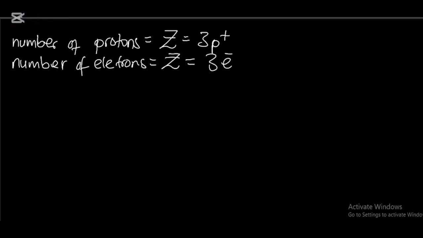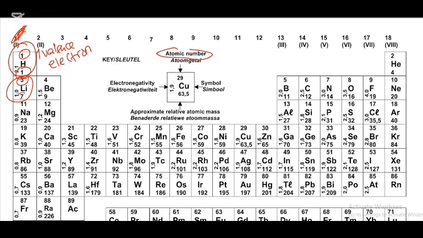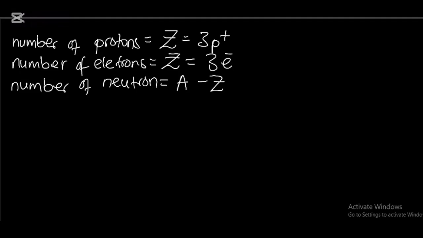The number of neutrons is equal to A minus Z, the atomic mass minus the atomic number. Our atomic mass is 7, so it's 7 minus 3, which is equal to 4 neutrons, with 0 charge.